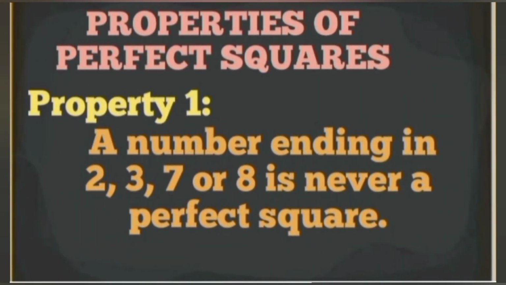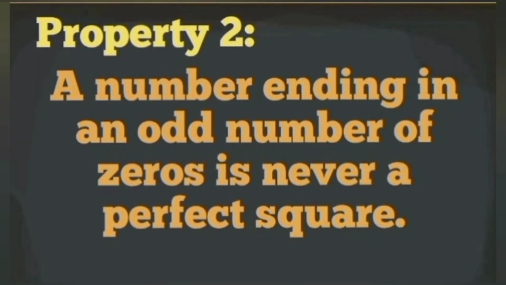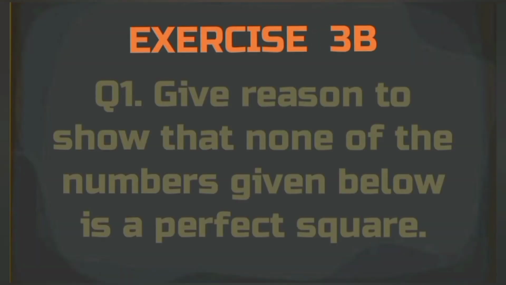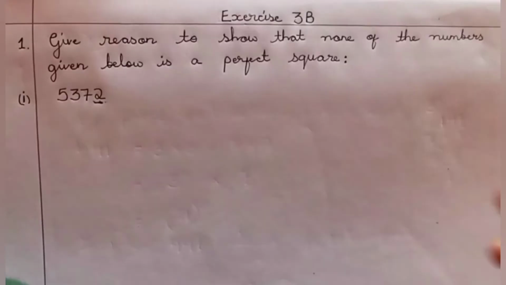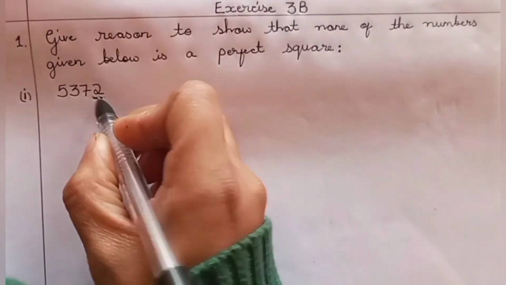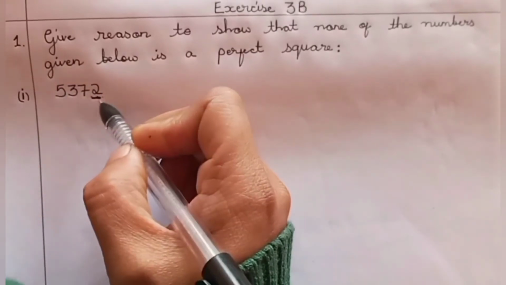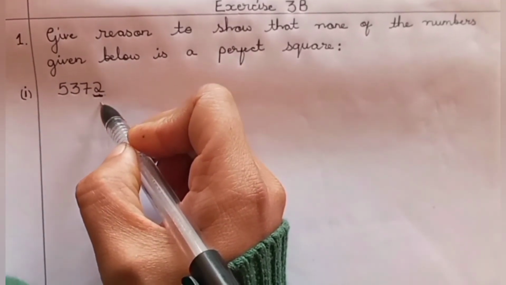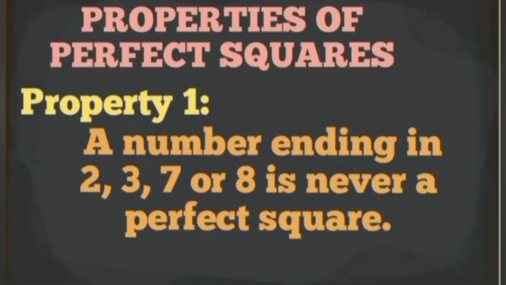Since we have learned property number 1 and property number 2, to understand better, let us solve exercise 3B, question number 1. Now the last digit of the number given is 2. And we have seen in property 1 that a number ending in 2, 3, 7 or 8 is not a perfect square.